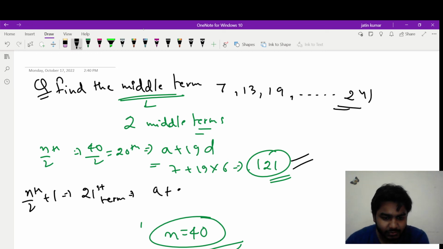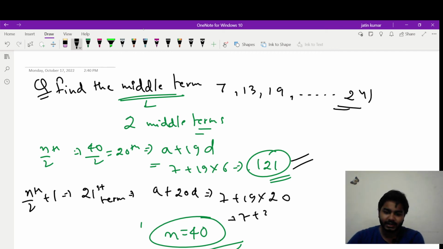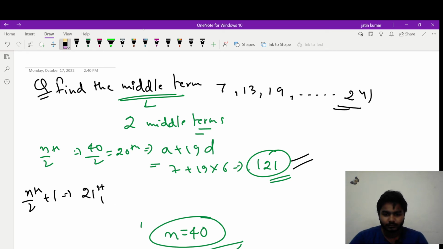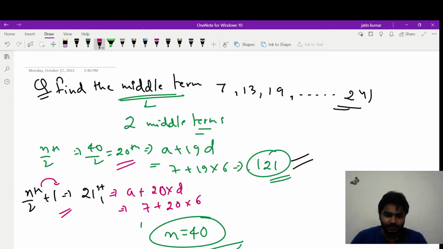So can I write the 21st term as a plus 20d? Wait a second, something is going wrong. The 20th term came, right? How did it become so big? Okay, so this is our 20th, so 20 plus 1 means the 21st term. So a plus 20d, so a is 7 plus 20 into d, how much is it? d is 6, right? So it will be 127.